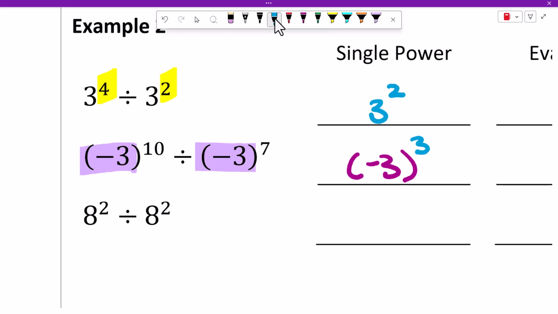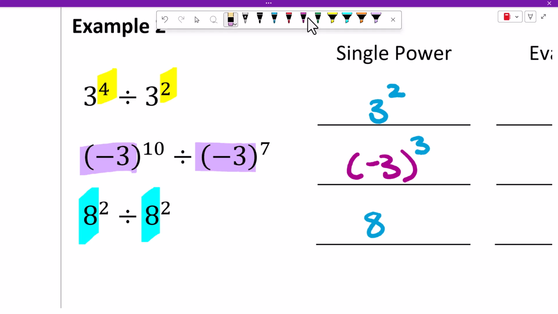All right. Next one. Our bases are the same. So if we write down the base, what should our exponent be? Liam? It should be 1 because 3 minus each other. Do you guys agree with Liam on that one? What's 2 minus 2? 0.